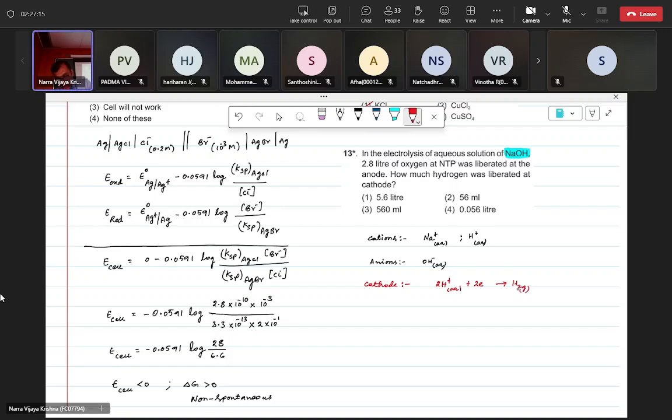Or I will write the reaction this way: H2O gains 2 electrons to produce OH-, I have to write.